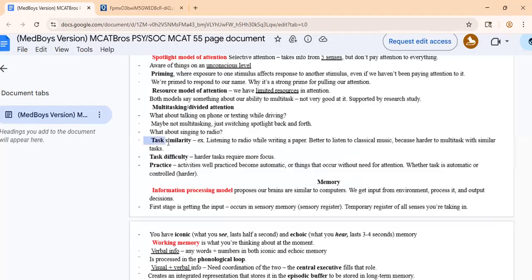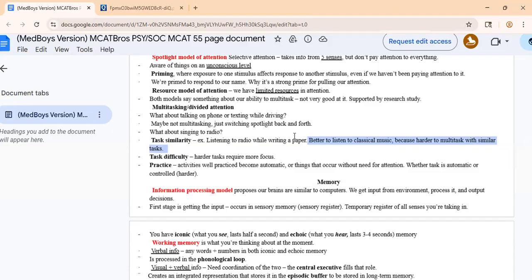But if the task is similar and you're used to writing a bunch of papers, you're able to do well on it. Just like if I'm driving and I want to listen to my lecture, I could do that. Why? Because I drive all the time, and I'm re-listening to a lecture that I know. So task similarity, that will work.